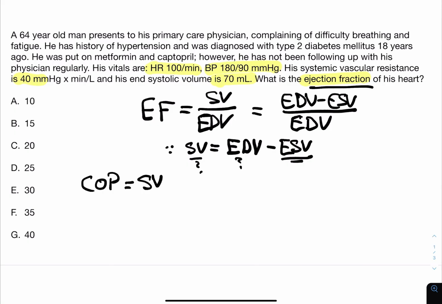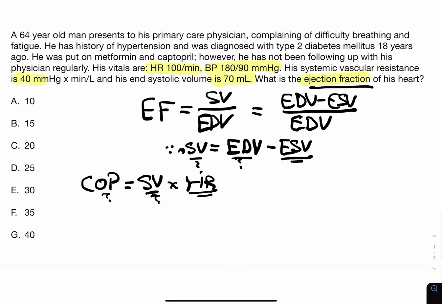So if we actually figure out the stroke volume from this formula, we could plug it into this formula here, and we'll have just one unknown, end diastolic volume, and it will be easy to figure it out. So cardiac output is stroke volume multiplied by the heart rate. But unfortunately, again, we're going to have 2 unknown variables. We only have the heart rate in here, which is 100.